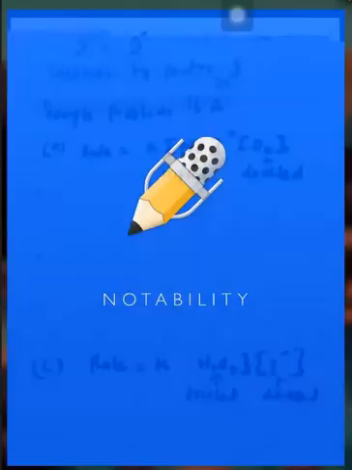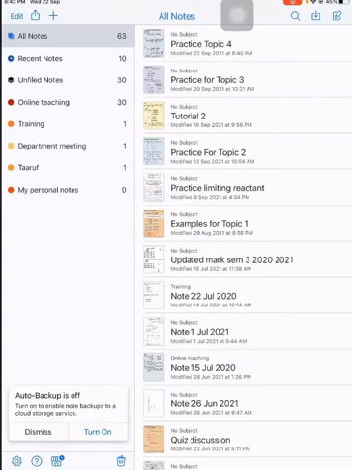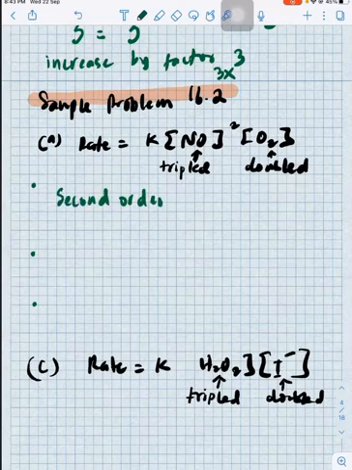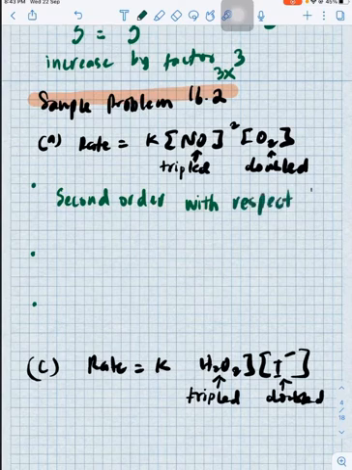So untuk soalan macam ni, what we need to do kalau soalan tanya, determine the individual order for NO. So you kena bagi tahu macam ni lah. It is second order with respect to. Memang buku kita pun dia akan tulis second order, first order with respect to siapa? Our concentration of NO. Memang ayat dia macam ni, korang kena tulis.